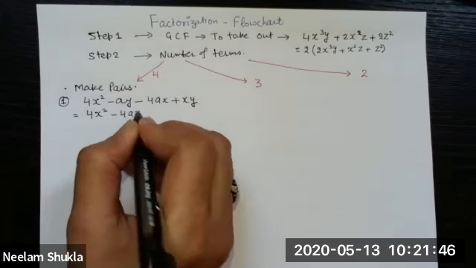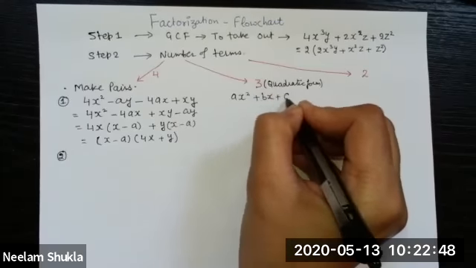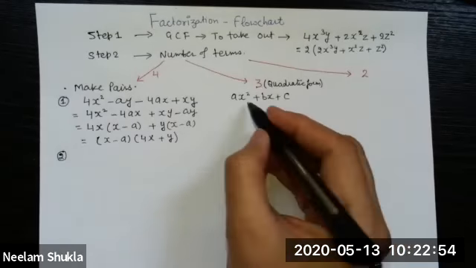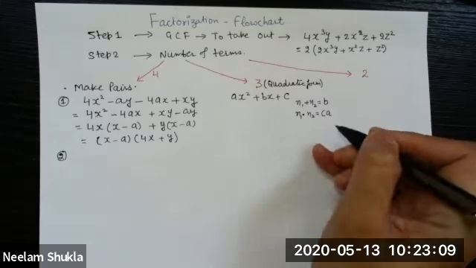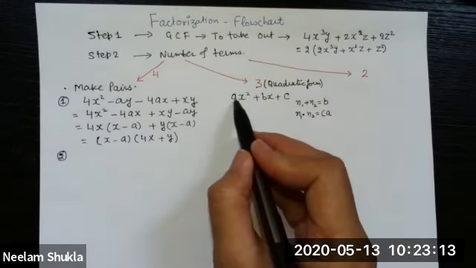If you have 3 terms and the 3 terms form a quadratic of degree 2, so ax squared plus bx plus c is the standard form of a quadratic equation. If your equation is looking like this, then you have to find two numbers whose sum is equal to b, the coefficient of the middle term, and whose product is equal to c times a, the constant term multiplied with the leading coefficient.